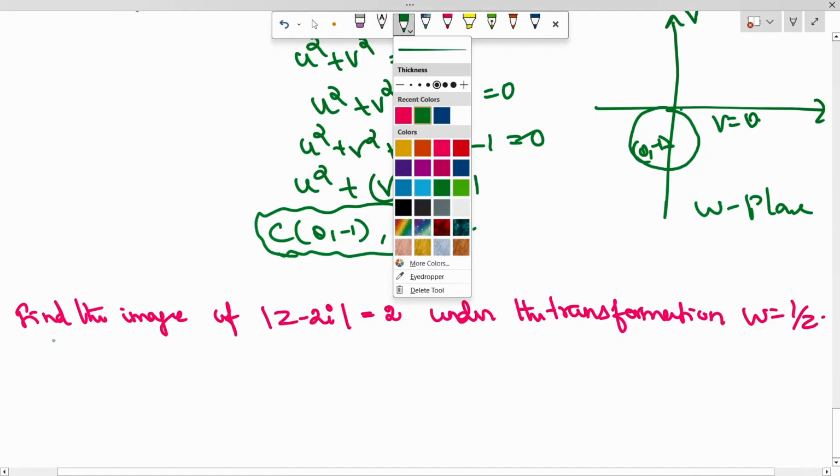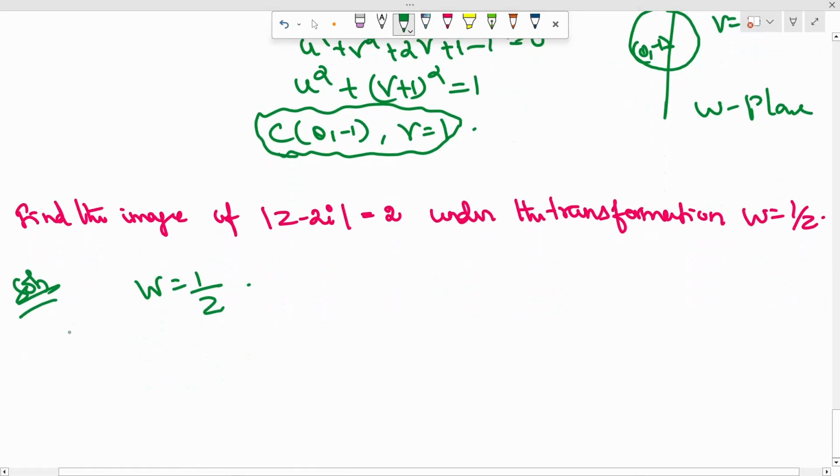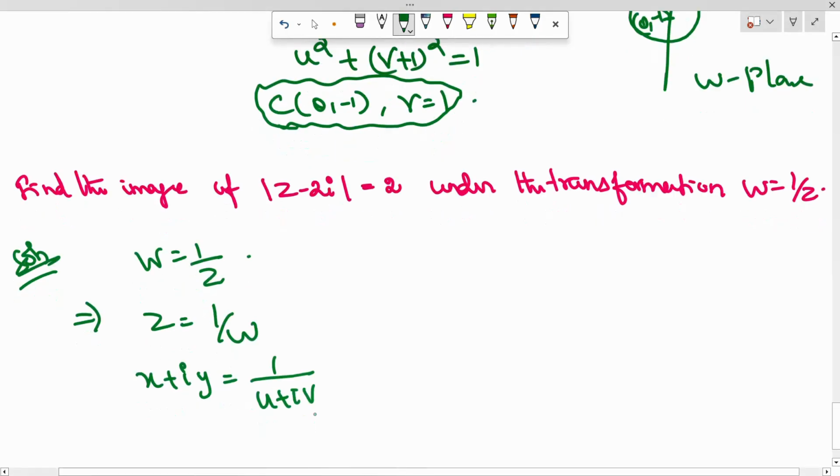Okay. Here the given transformation is w is equal to 1 by z. This can be written as z is equal to 1 by w. We know that z is equal to x plus iy and w is u plus iv.